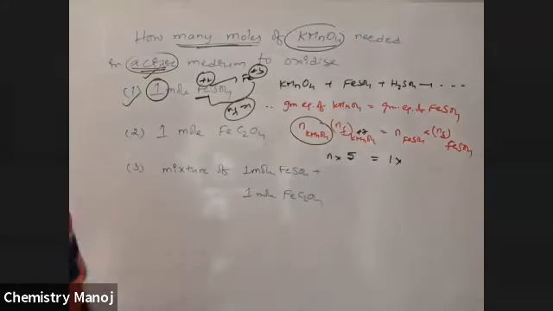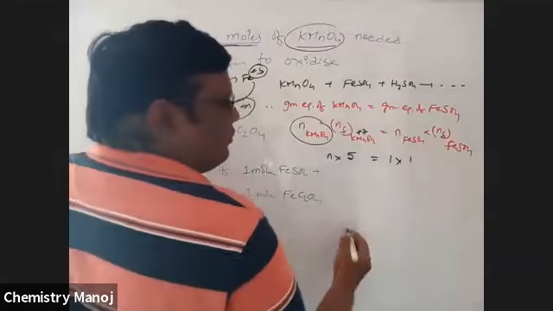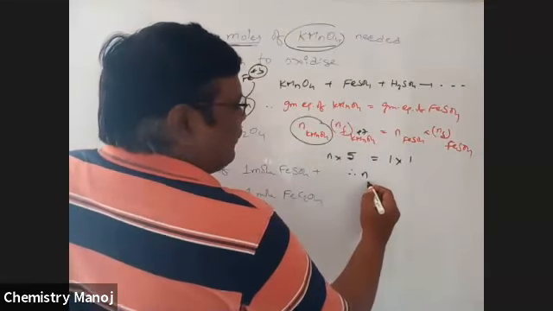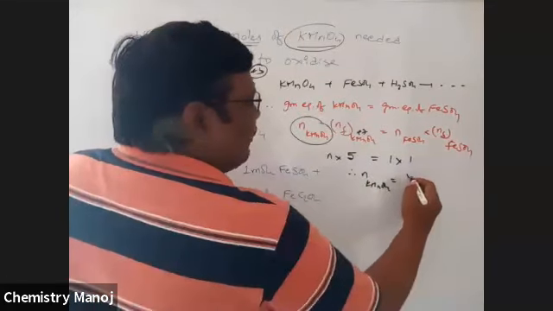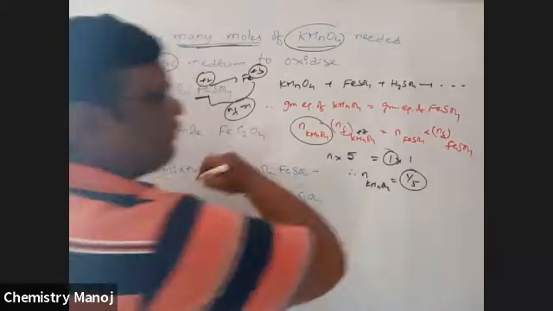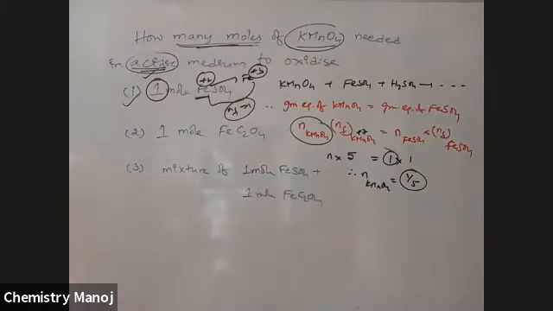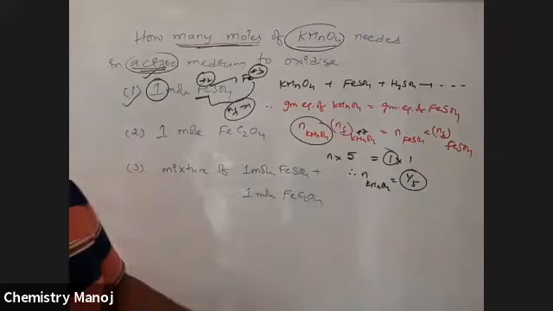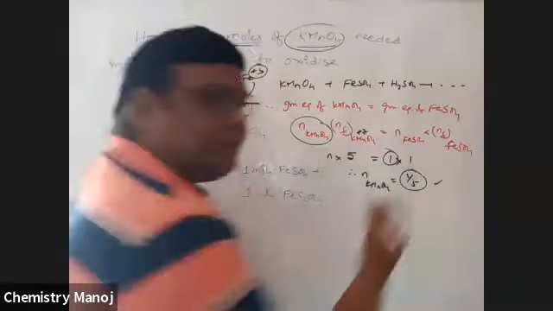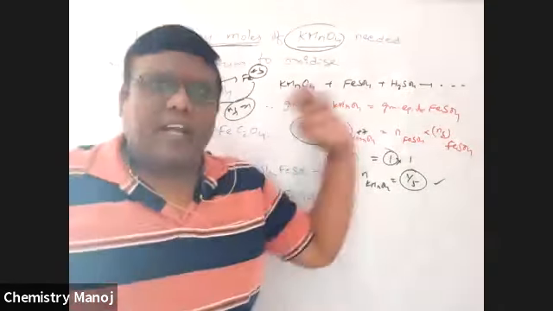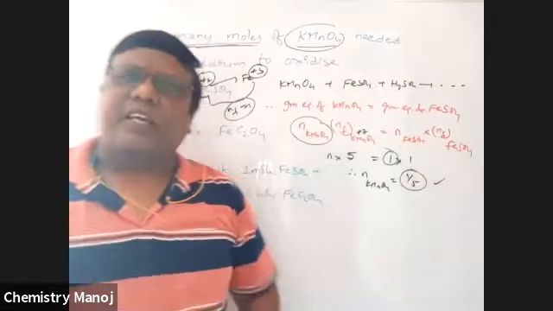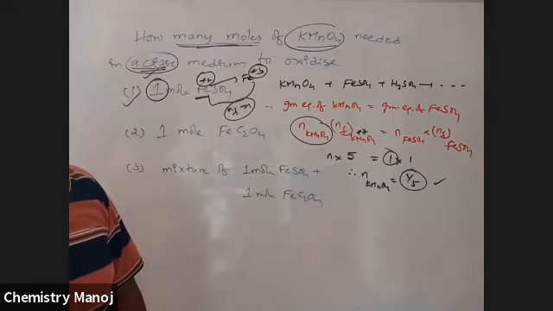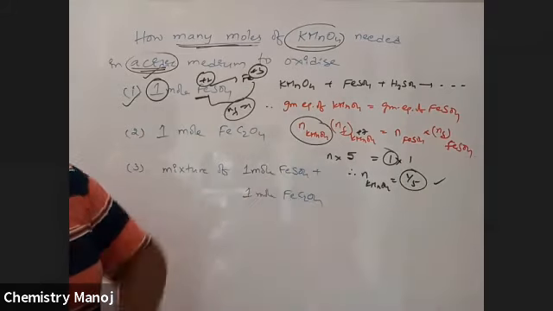Now 1 into 1. Therefore, how many moles of KMnO4 are required? 1 by 5 mole for 1 mole of FeSO4. So this is the final answer. There is no need to balance this reaction. Okay, this is clear.